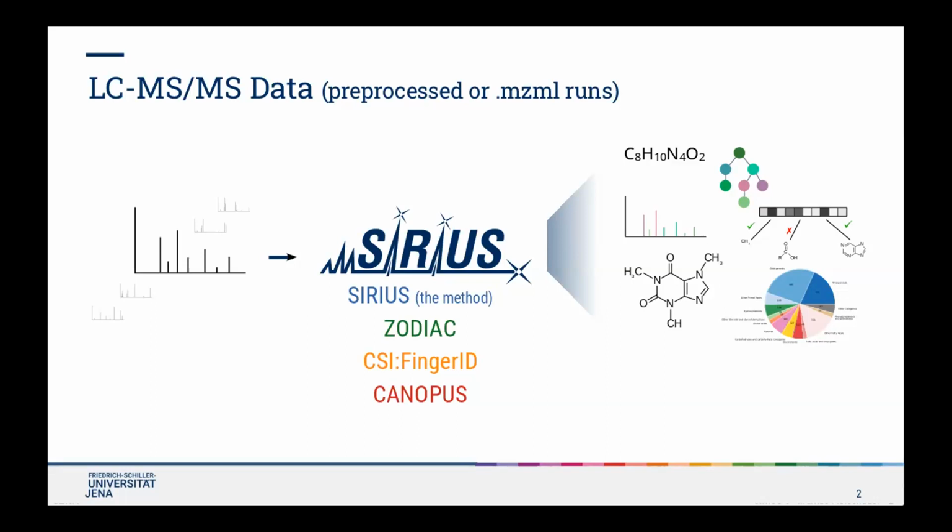So I will guide you through three, maybe four different tools, which are Sirius for molecular formula annotation, CSI:FingerID for searching in a structure database, and CANOPUS for compound class annotation. And if we have some time left, I might make a few comments on ZODIAC.